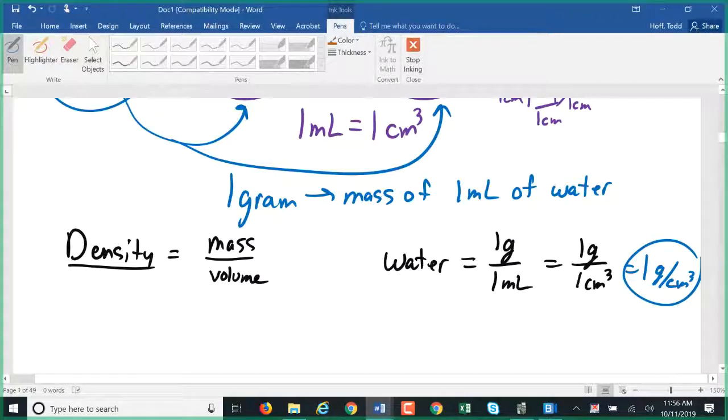What that means is if you know how many milliliters there are of water, you know how many grams there are. You can compare the two. And most of the substances that we use for medications have densities very similar to that. So remember, the relationship is between a gram and a milliliter. Very important.